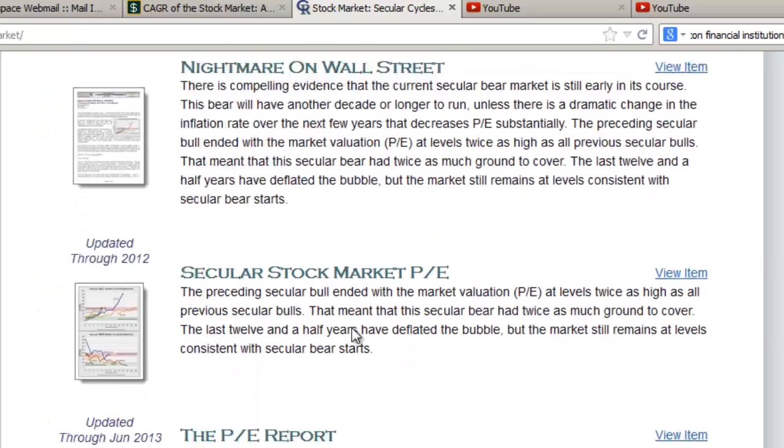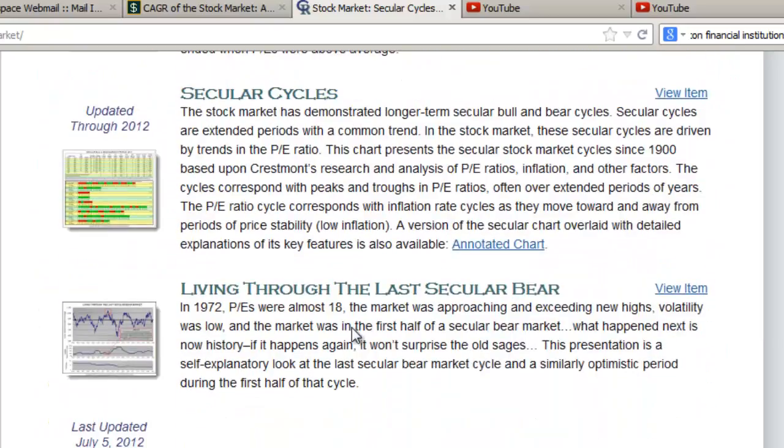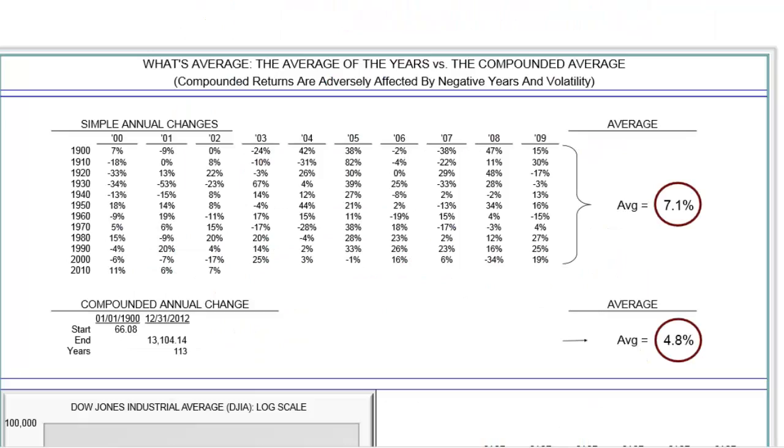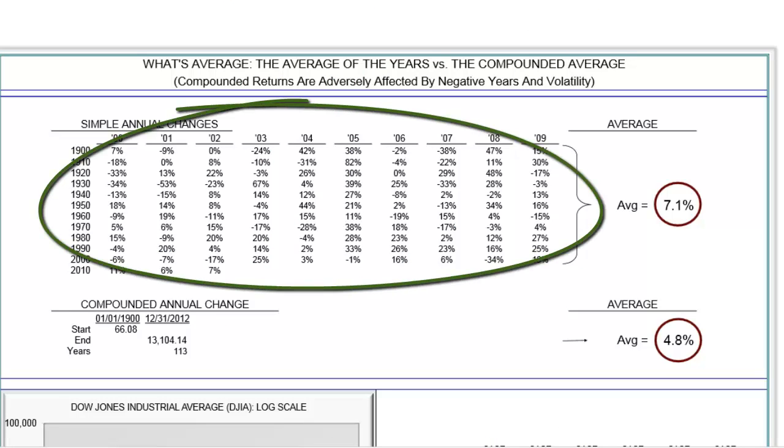So if we go down, they have all kinds of up-to-date reports. So this is the history of the Dow. Since 1900, these are all the returns of the Dow through 2012, so it's up to date. The simple average, you add up all these returns, divide by 113 years, and the simple average is 7.1%.